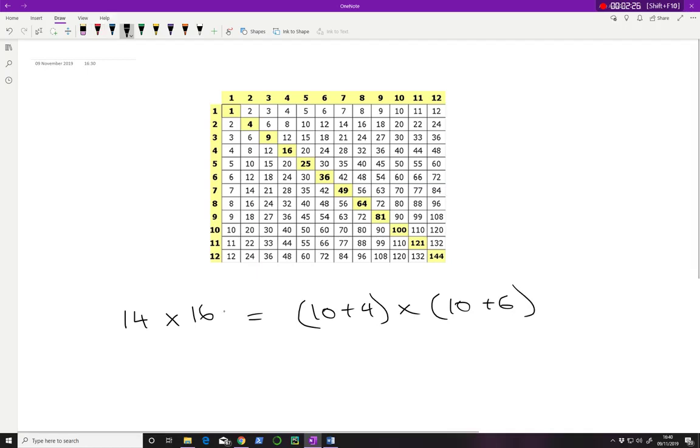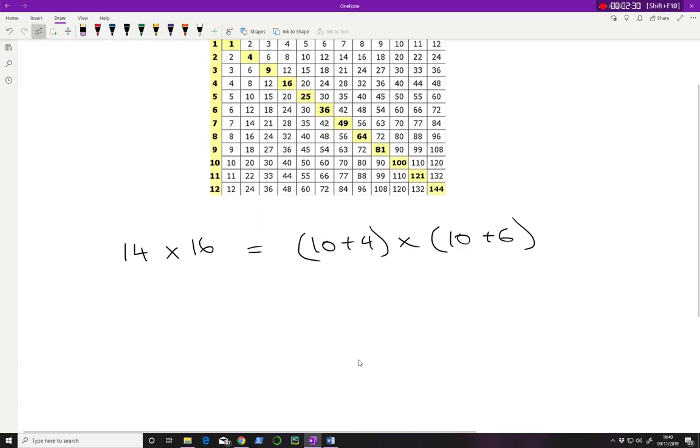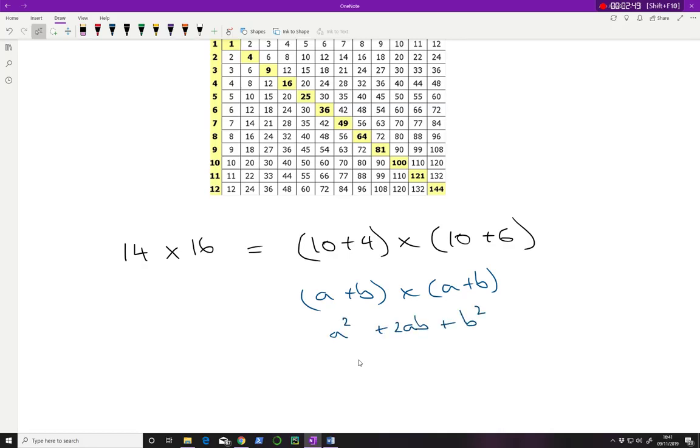Now this looks familiar. This looks like algebra, because if you recall what we learned in algebra, we have (a plus b) multiplied by (a plus b), and we're simply taught how to multiply out brackets, and that's going to give us a squared plus 2ab plus b squared.